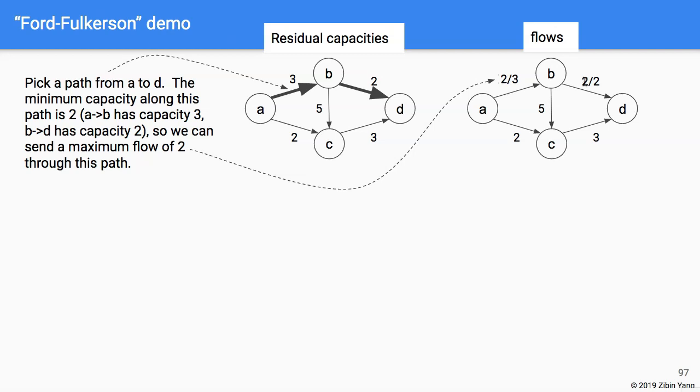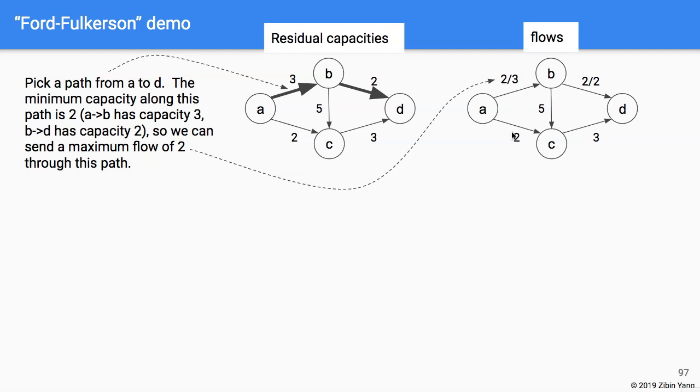And then we have 2 over 2. 2 is the flow, capacity is 2. So this graph here shows all the residual capacities of all the edges. And then this graph here shows you the current flows through all the edges.